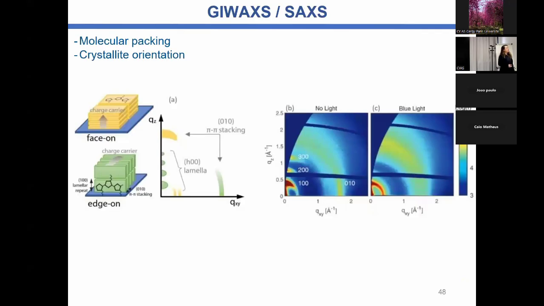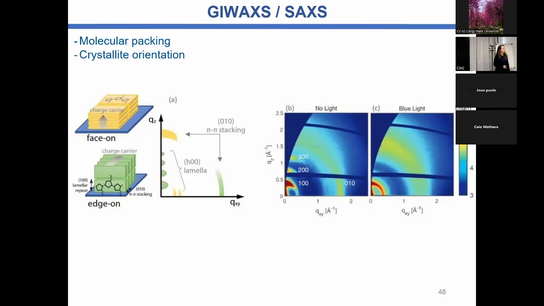The GIWAXS and GISAXS are also used to see the molecular packing of the organics. It is usually measured in the synchrotron facilities, so it's not so easy to measure outside of synchrotron light.